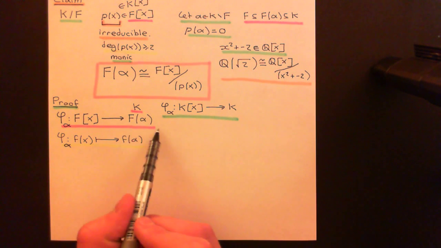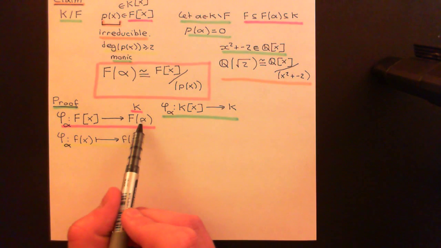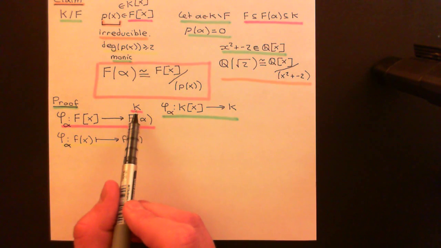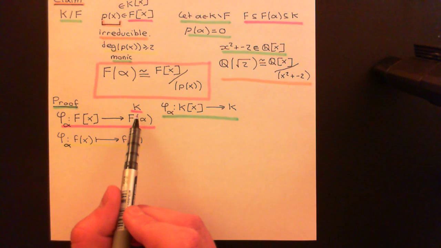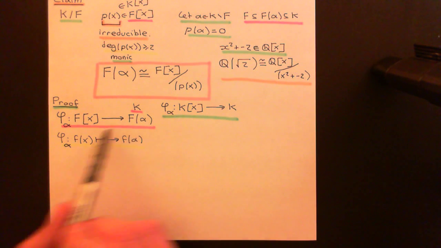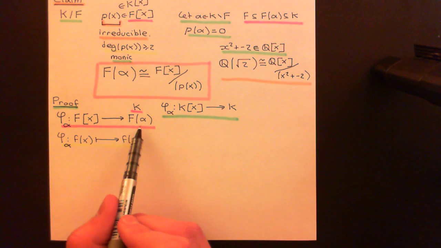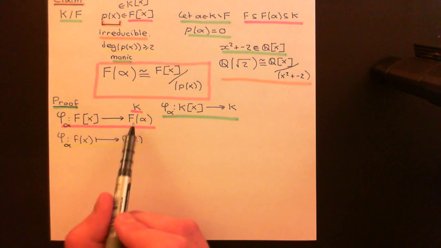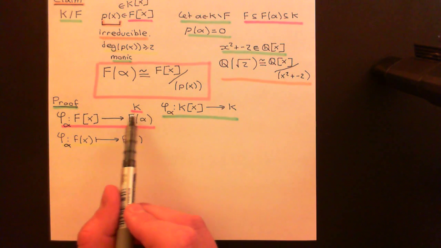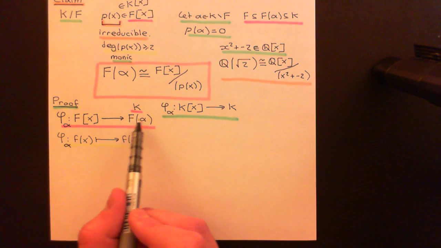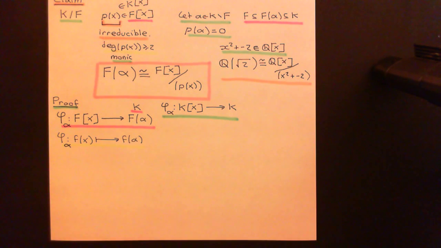Those are all operations that make sense in the field generated by alpha over F. You don't need to be working in the massive great field K to understand those. So that's why I can restrict my attention down to this subfield of the field capital K, and why I've written F of alpha here rather than K.